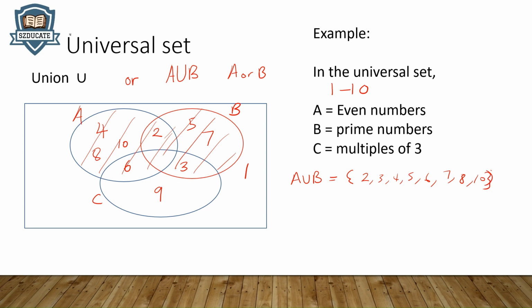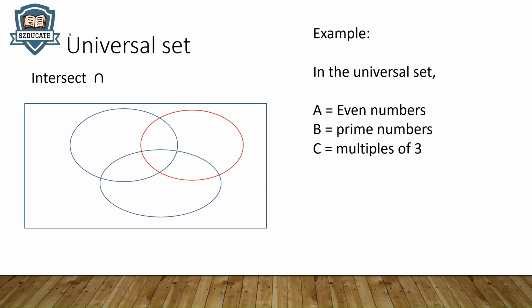Okay, so that's union. Now in contrast, intersect means A and B. It must satisfy both the first condition and the second condition.